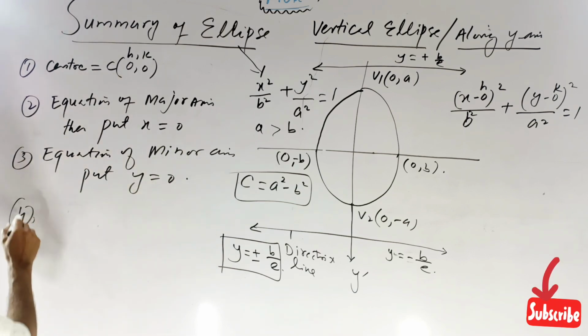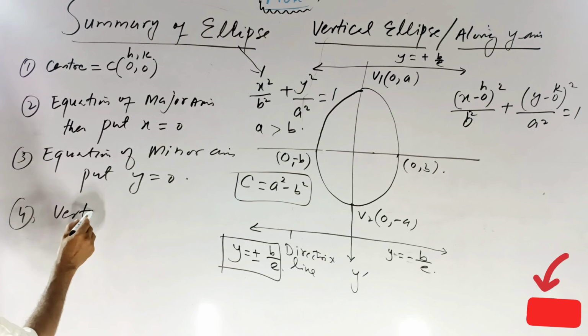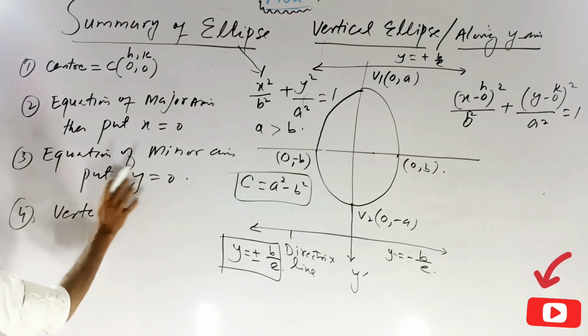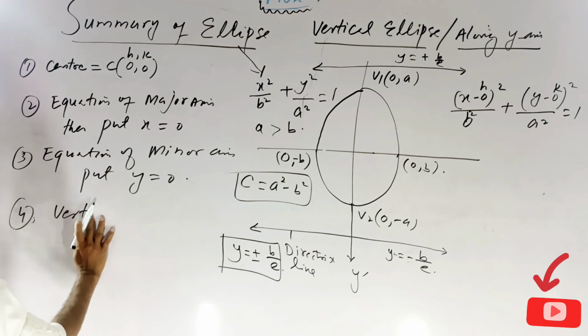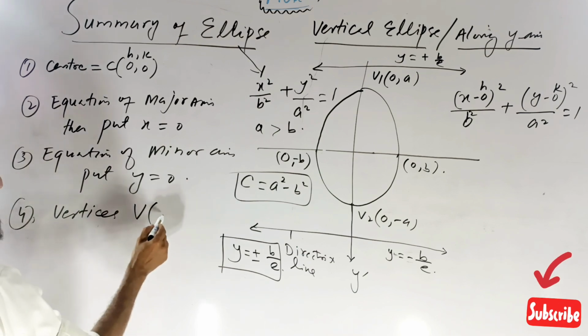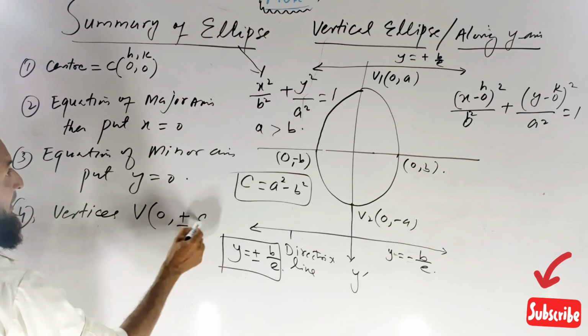Number 4, vertices. If we are finding vertices, the vertices will be 0, plus minus a.